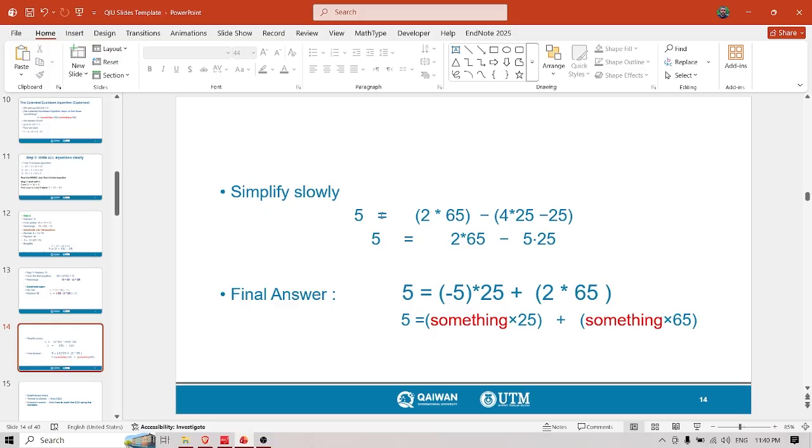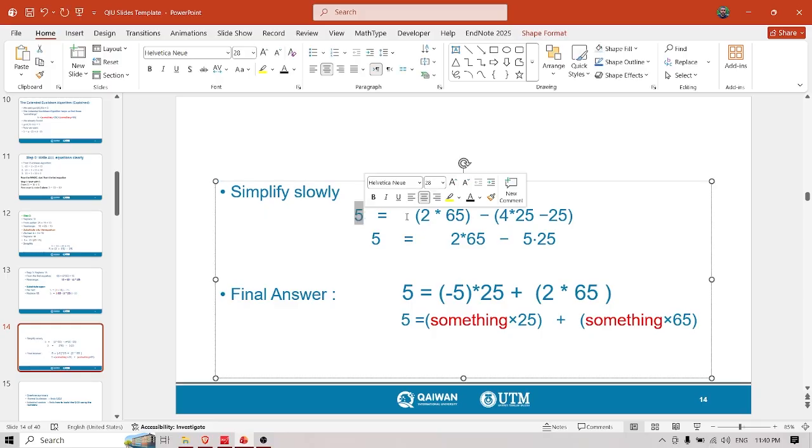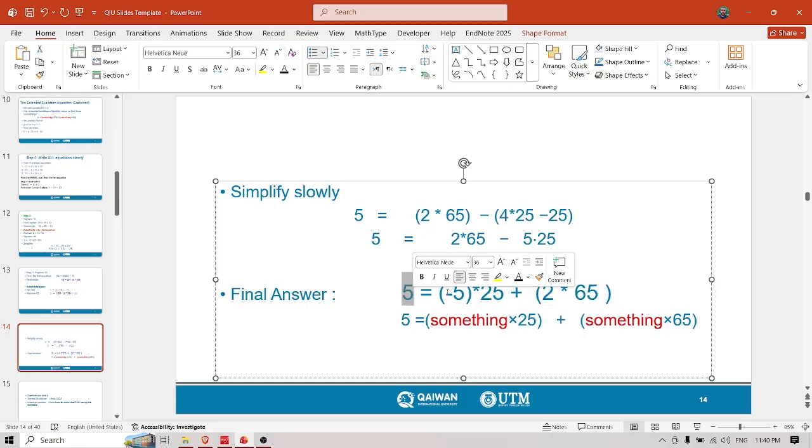Now we will simplify slowly. 5 is equal to 2 multiplied by 65 minus 4 multiplied by 25 minus 25. On this side we will have 2 multiplied by 65, and on this side we will have 5 multiplied by 25. Now we will have 5 is equal to minus 5 multiplied by 25 plus 2 multiplied by 65.